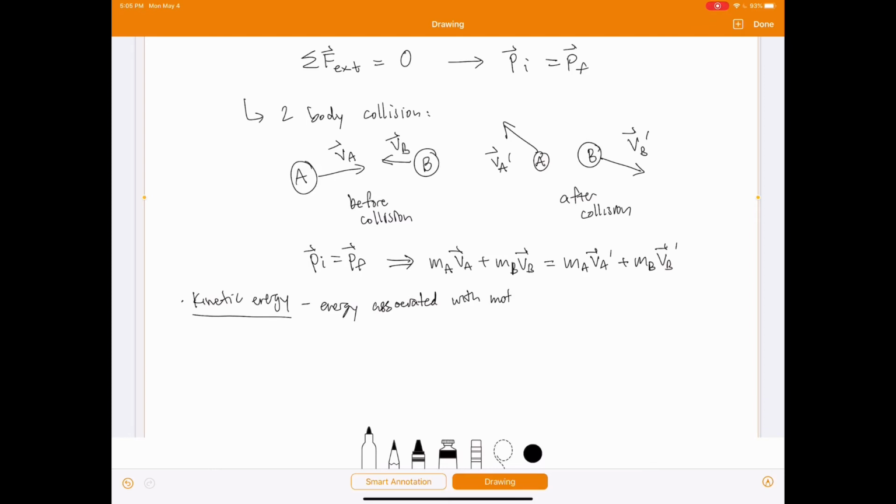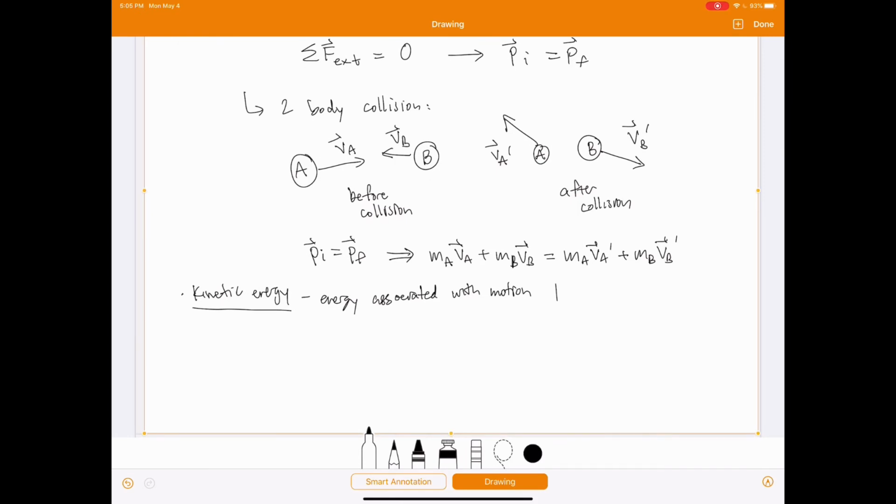So an object has kinetic energy just by virtue of the way it's moving around. So we can calculate kinetic energy, K, as 1/2 mv squared. And of course, m is the mass and v is the speed here. So it's not velocity, it's speed. And that tells us that this is a scalar quantity. It doesn't have a direction associated with it.